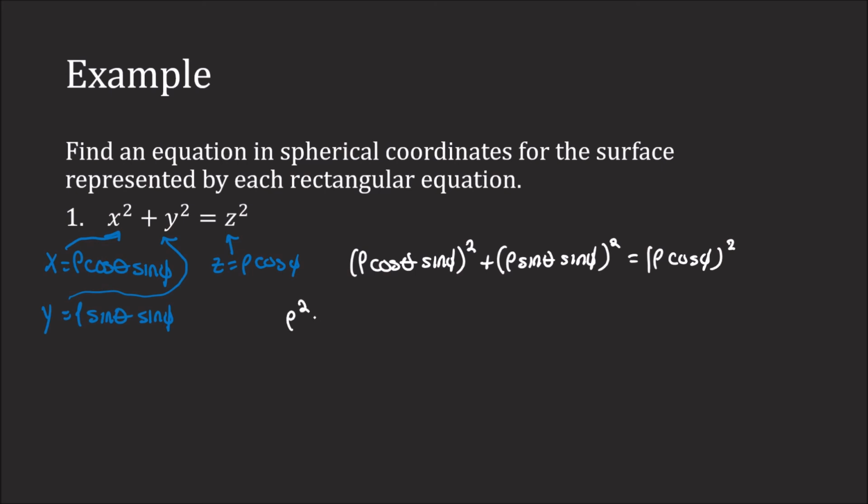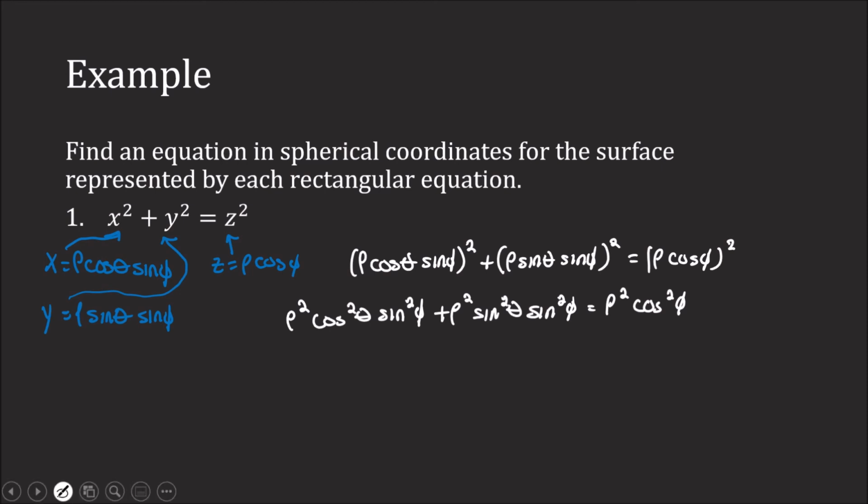So we have rho squared cosine squared theta sine squared phi plus rho squared sine squared theta sine squared phi is equal to rho squared cosine squared of phi. So we have a cosine squared there, we have a sine squared there.